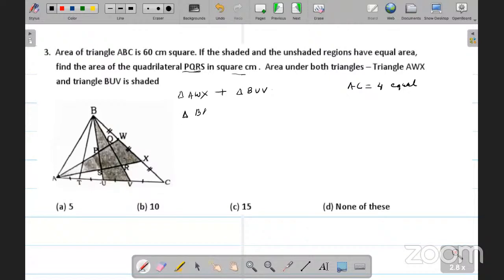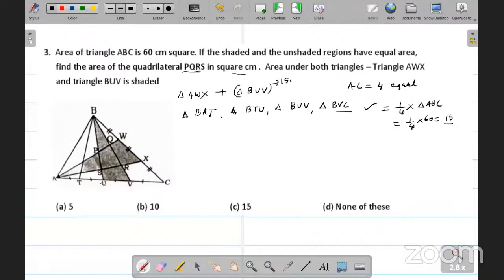Triangle BAT, triangle BTU, triangle BUV, and triangle BVC. They will all have equal area, and that equal area must be 1/4 of area of triangle ABC, which is 1/4 of 60, which is equal to 15. So I can safely say that area of triangle BUV must be 15 centimeters square.